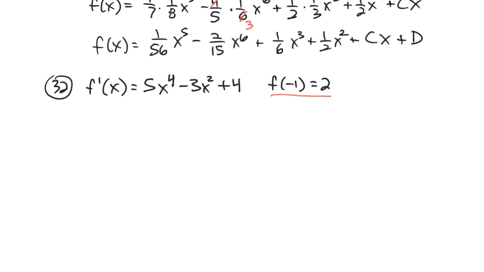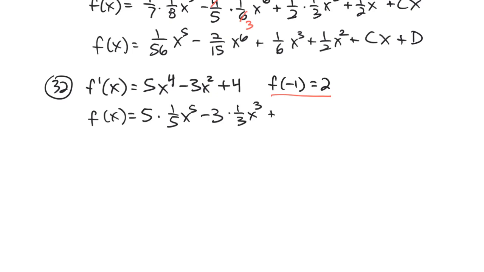So to see how this works, let's just go ahead and find f of x. So we take the antiderivative with the power rule. This 5 goes along for the ride. This becomes x to the 5th over 5, or 1/5 x to the 5th. Got minus 3. And then the x squared becomes 1/3 x cubed.